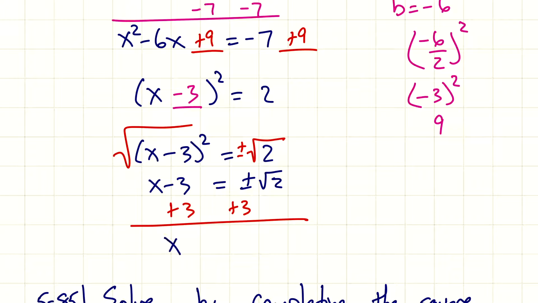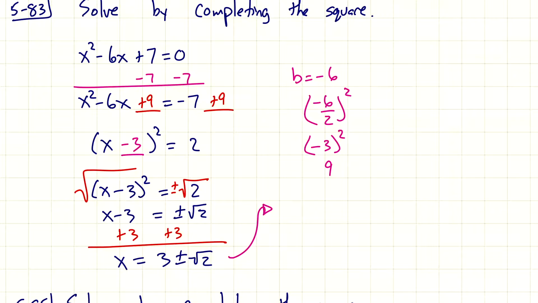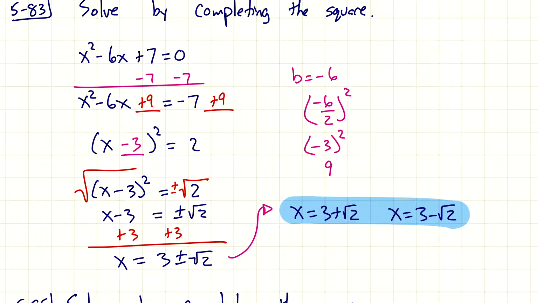And we have x equals 3 plus or minus the square root of 2. All right, and we already know that means we're going to have two answers. So x equals 3 plus the square root of 2, and x equals 3 minus the square root of 2. And those would be our two answers.